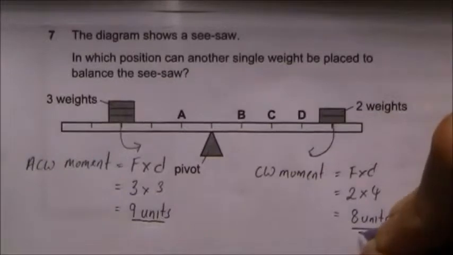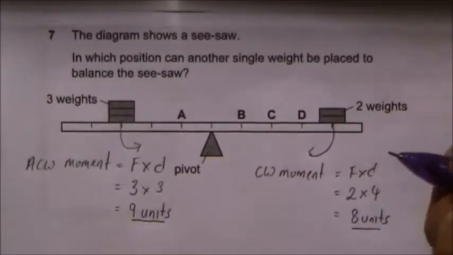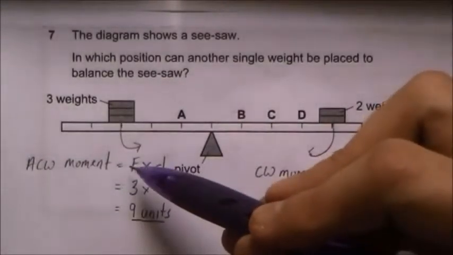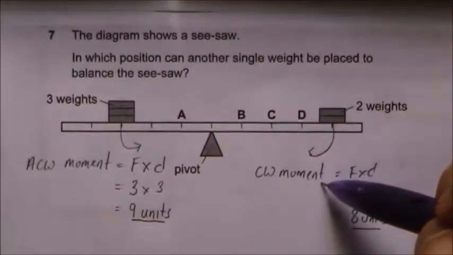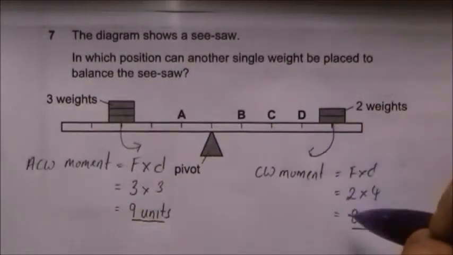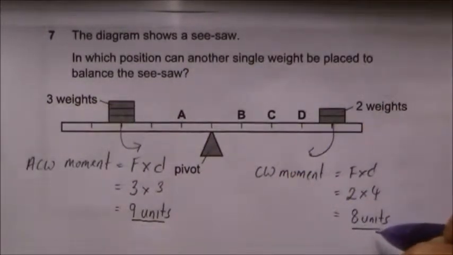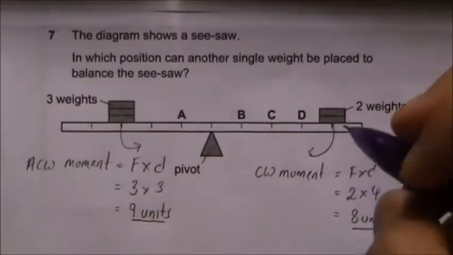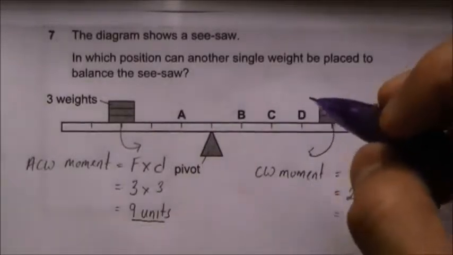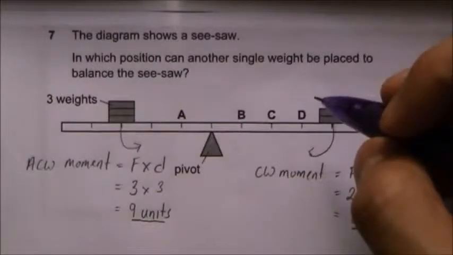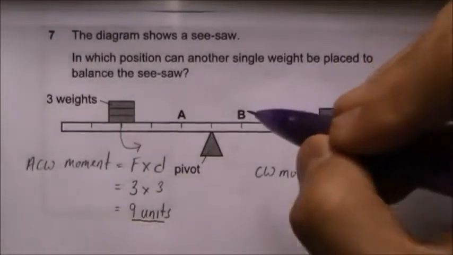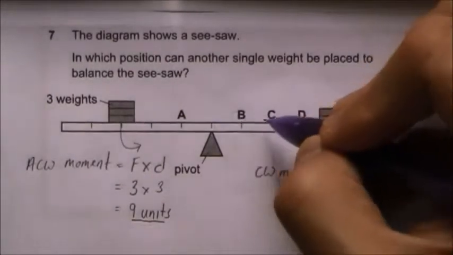Okay, in order to balance this seesaw, we need the anti-clockwise moments to be equal to the clockwise moments. So now we can see that we are short of 1 unit of clockwise moment, and additional clockwise moment can only be achieved by placing a weight on the right side.